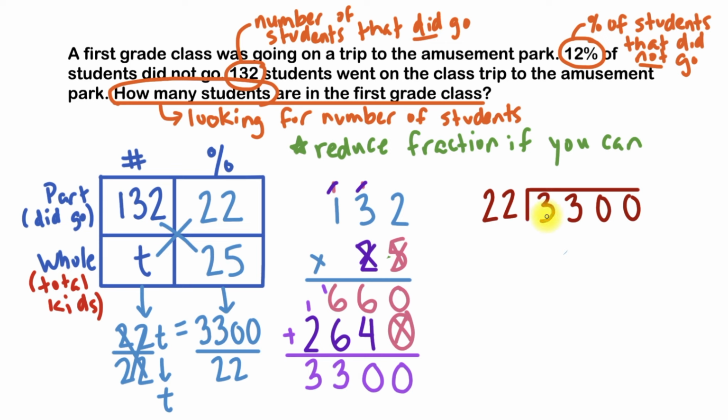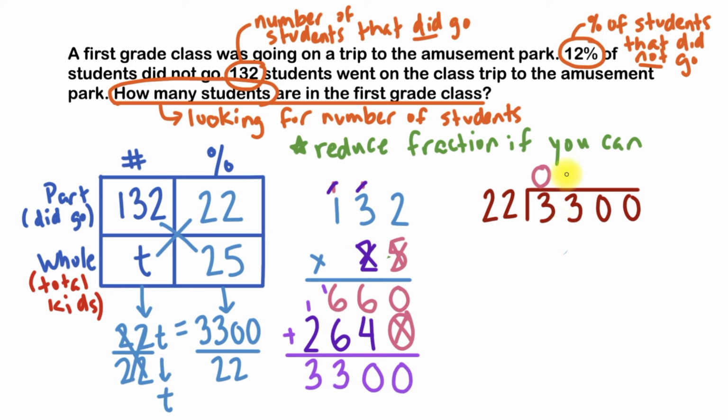And since we've got 4 numbers in our dividend inside the long division notation, we should make sure that our quotient, or the answer, has 4 digits on top, even if the digit is 0. So first question, can 22 go into 3? The answer is no, which means it goes in 0 times. So we'll write a 0 over the 3. Then we'll try this digit and the next digit together. Can 22 go into 33?